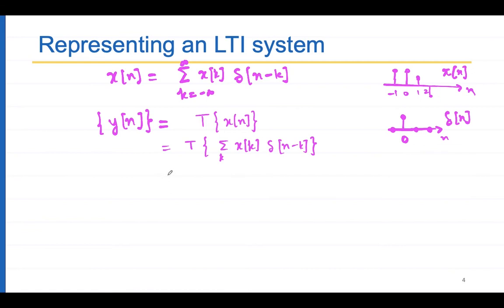So using the property of linearity, I can say this is equal to the summation over k of x of k times T of delta of n minus k. This is because of linearity. Right? Now, what is delta of n minus k?